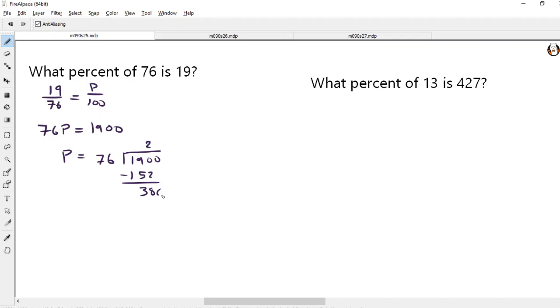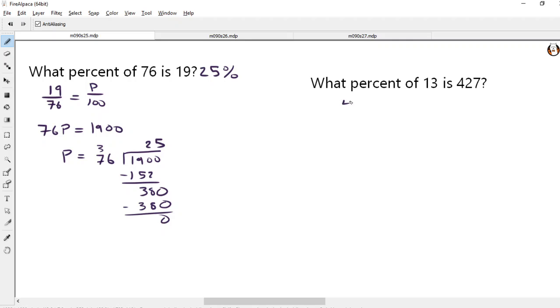And that's 152, so 380. Almost 2 of those, more than 2 of those. 5. 5 times 6 is 30. 5 times 7 is 35, plus 3 is 38. So what percent of 76 is 19? 25%.